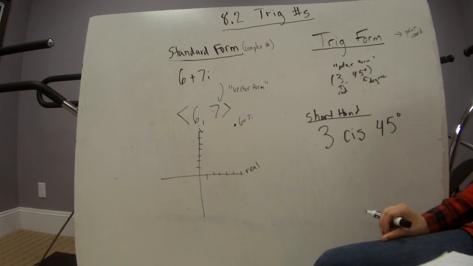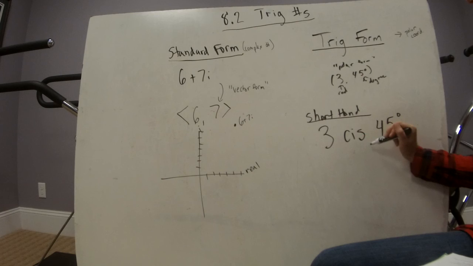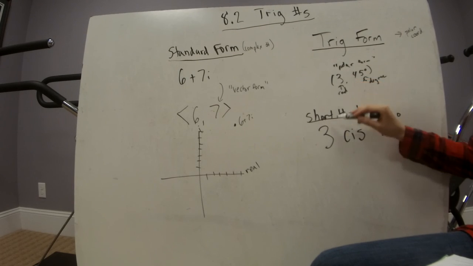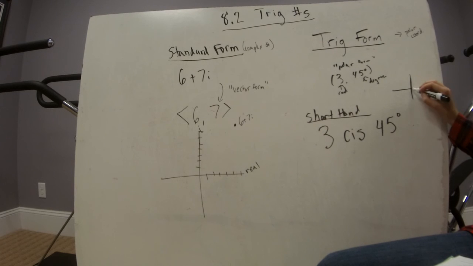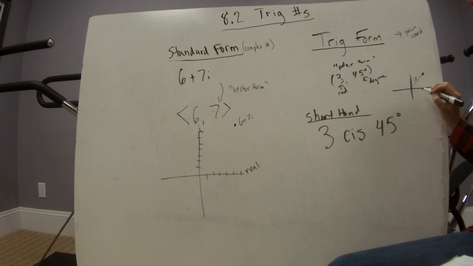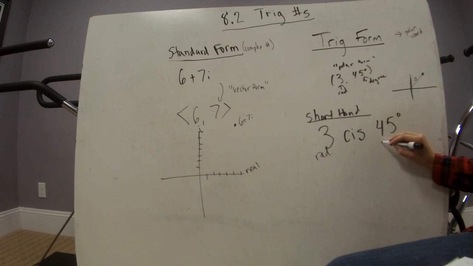But really all you need to know is that this point right here would be the polar point 3, 45. So you'd go out a radius of 3, at 45 degrees. This is your radius, and this is obviously your angle on the unit circle.